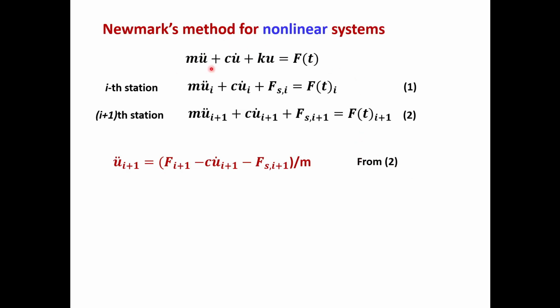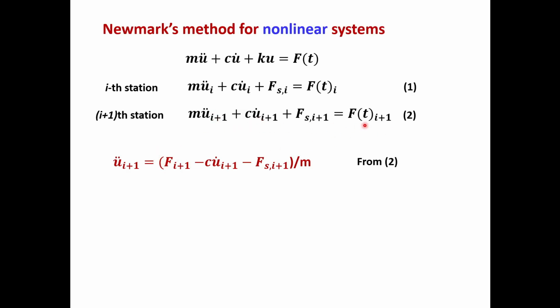The equation of motion is m u double dot plus c u dot plus k u equal to f of t. For the ith time station, I can put the suffix i for all the parameters, and k u is the spring force, so I am writing it here as fsi. The external force is fti. For the i plus 1 station, it becomes the parameters with suffix i plus 1.